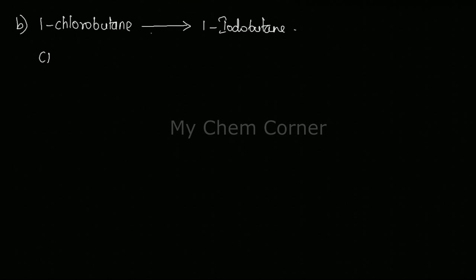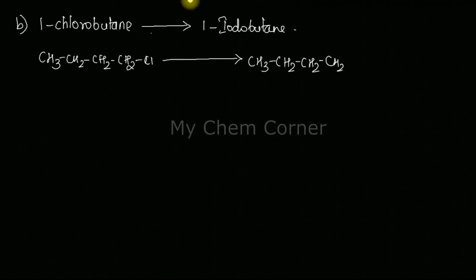So here let's draw the structure: CH3, CH2, CH2, CH2 and a Cl, which needs to give CH3, CH2, CH2, CH2 and I. So to move from a Cl to another halogen, you need to have sodium iodide with dry acetone.